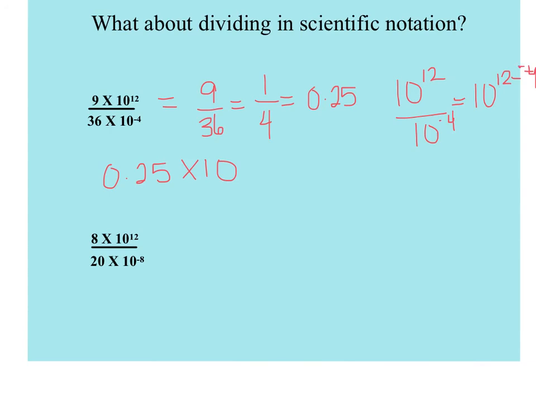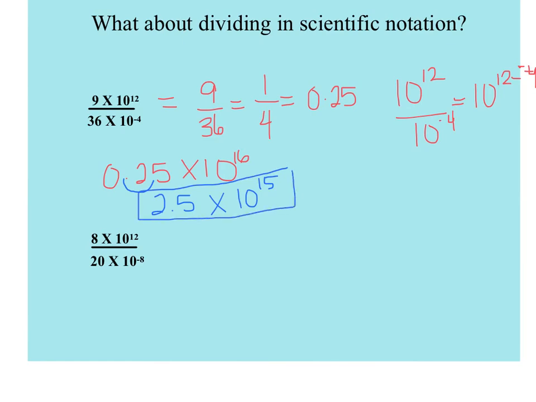And that is 10 to the positive 16th power. And don't forget, this is not actually in scientific notation yet. If we move it once to the right to make it a number between 1 and 10, then that exponent now becomes 15. So it's 2.5 times 10 to the 15th power.